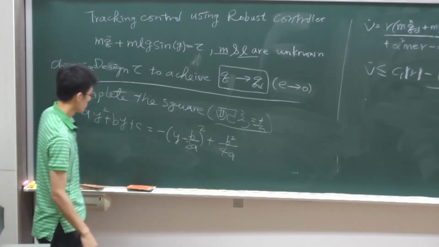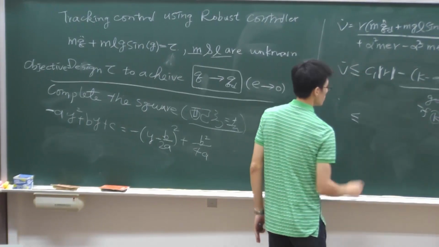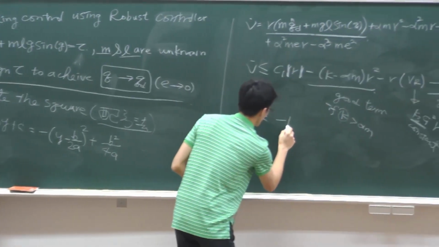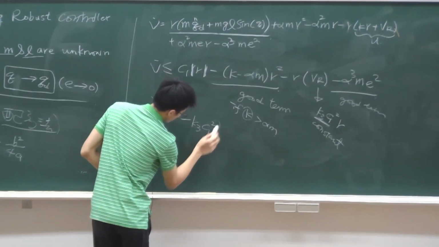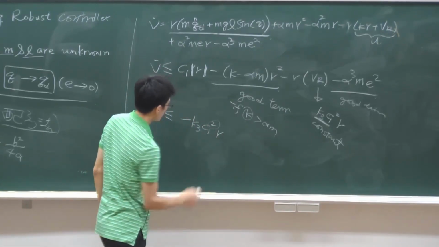So now use that to upper bound these two terms. This term is minus k3 c1 square R square plus c1 R. You will understand in a few seconds why I put the square here.